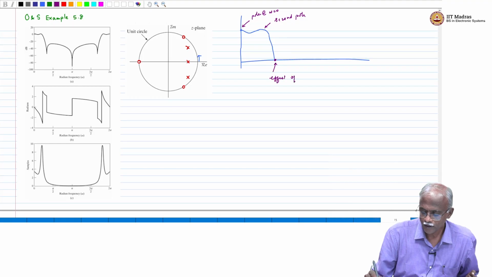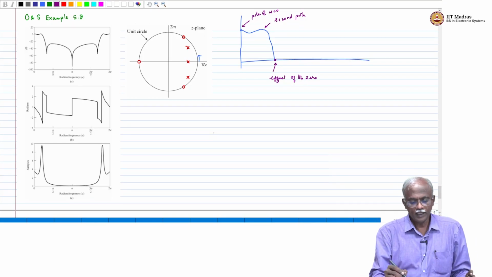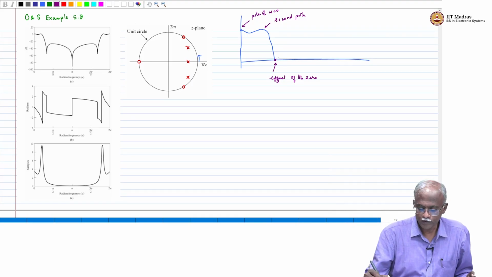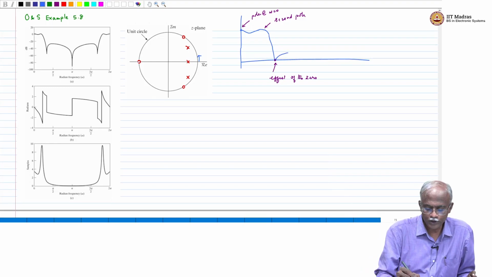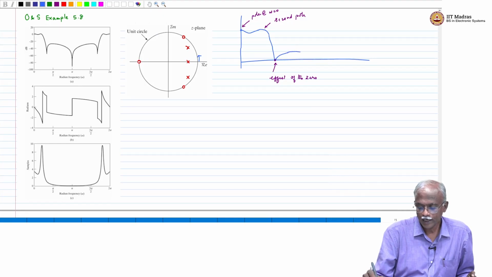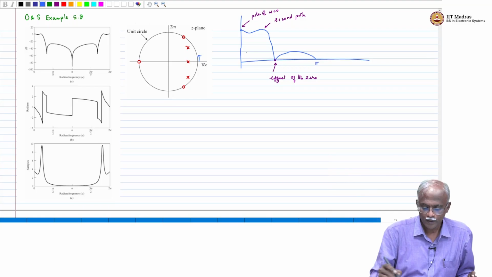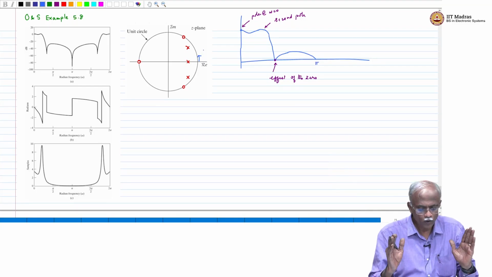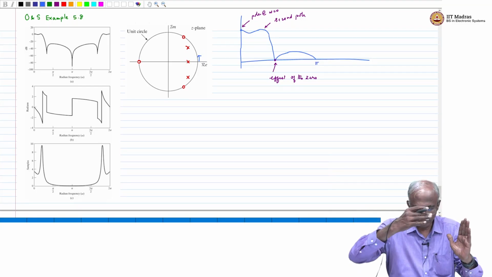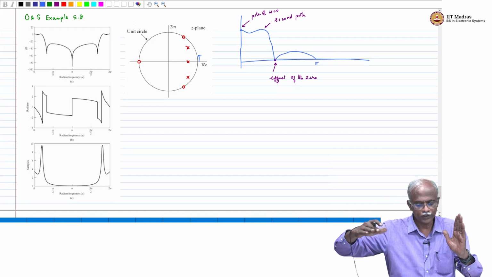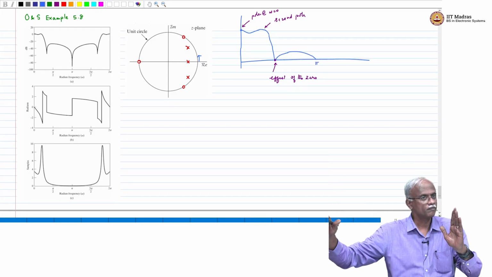Then you go away from the 0, so it slowly starts to increase, but eventually when it comes to omega equal to pi, it will drop down. So this is at pi. So you can see how the magnitude response is going to vary.